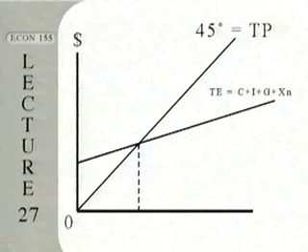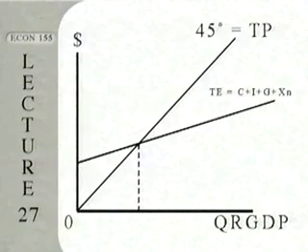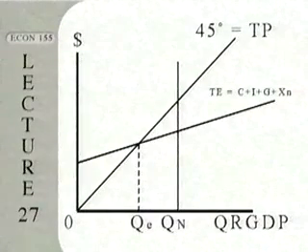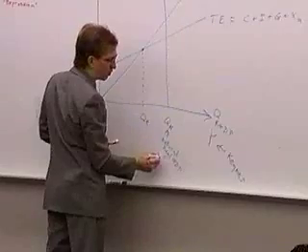This is Q, or real GDP, or Y. So we've got an equilibrium. Let's label that QE. Here's natural real GDP, or that's real GDP at full employment.